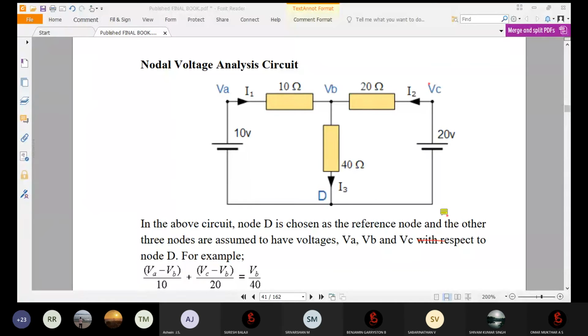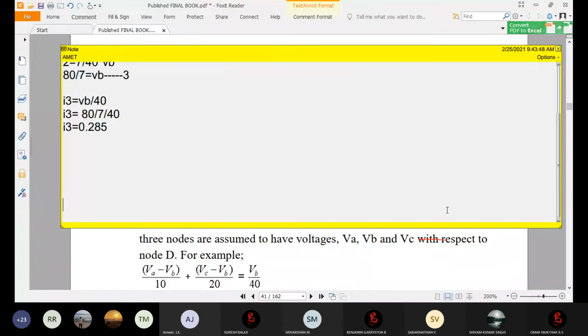What about the equation? I will show the equation also.